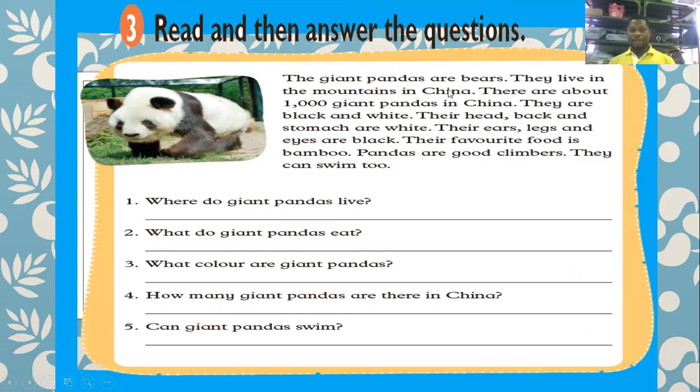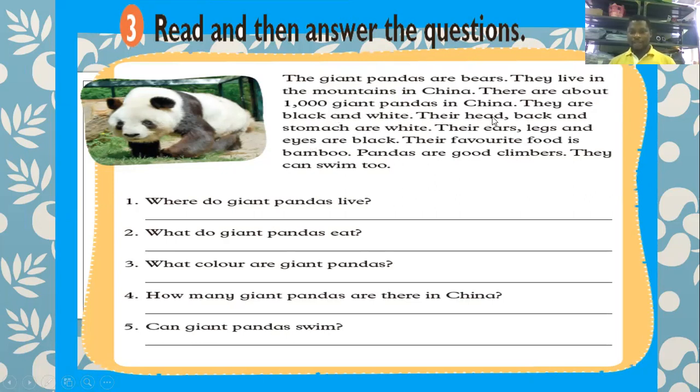The giant pandas are bears. They live in the mountains in China. There are about 1,000 giant pandas in China. They are black and white.